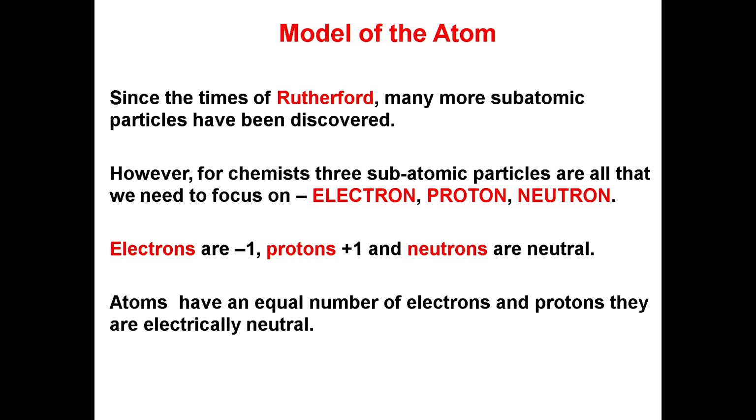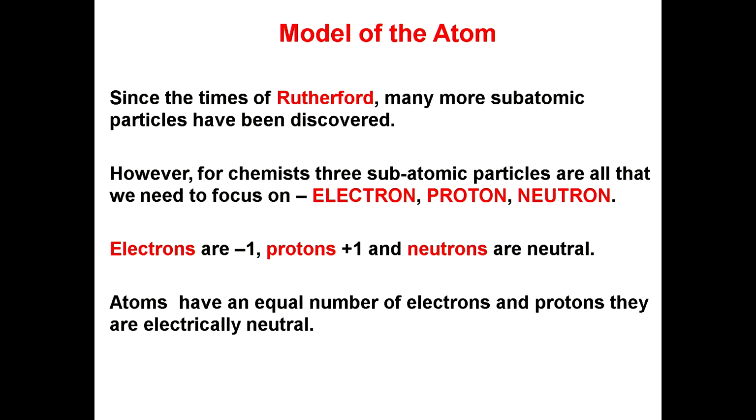So basically, one atom has an equal number of electrons and protons. The number of electrons and the number of protons should be the same, and then the atom can be neutral.